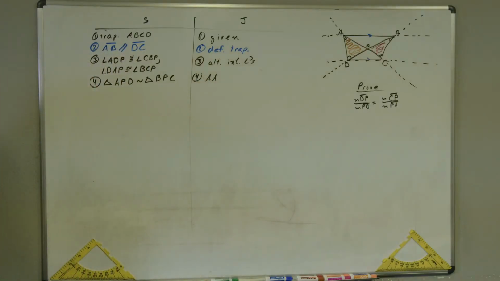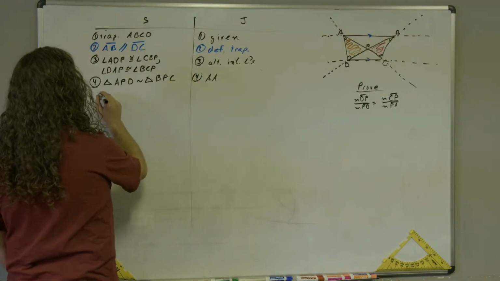If they're similar, what's true about their sides? Proportional is the word you're looking for. Yes. So we can say what we're trying to prove.